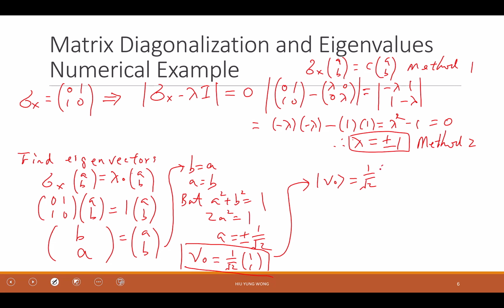So this one means it is one component of 0 plus one component of 1. And we call this one the plus state, which is the eigenstate of the sigma x matrix. But it has the same eigenvalue as the 0 in the sigma z.